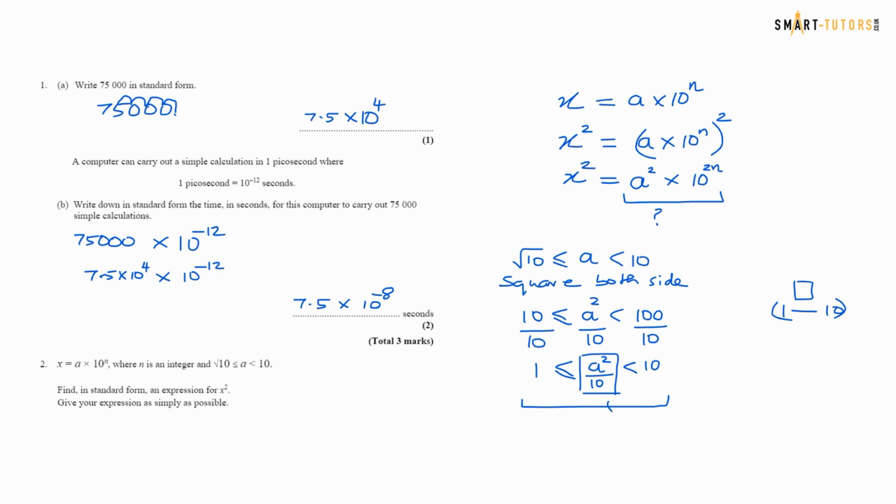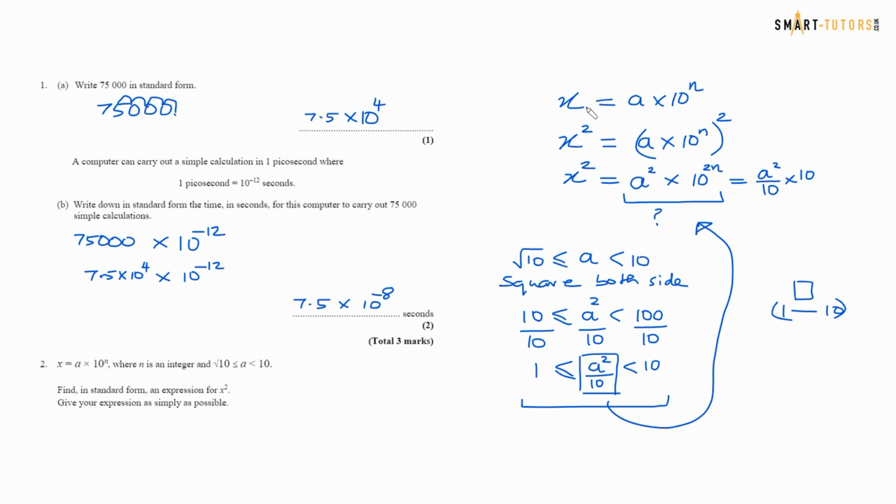Now I'm coming back to this step. A squared is not in standard form. Here a squared over 10 is in standard form because it's between 1 and 10. So for a squared, I'm dividing by 10 and multiplying by 10, so I'm not basically doing anything.